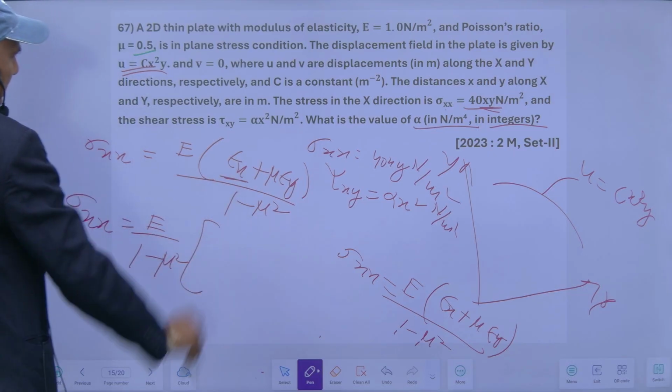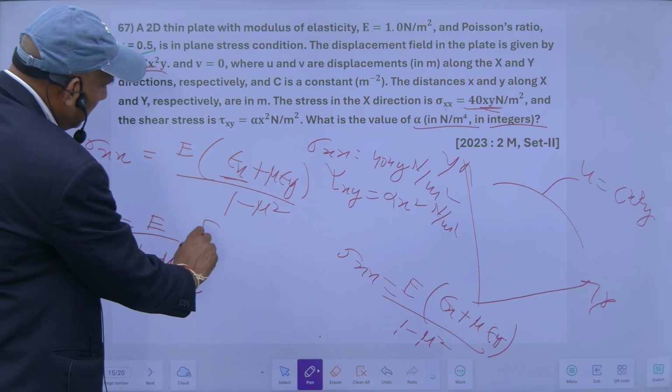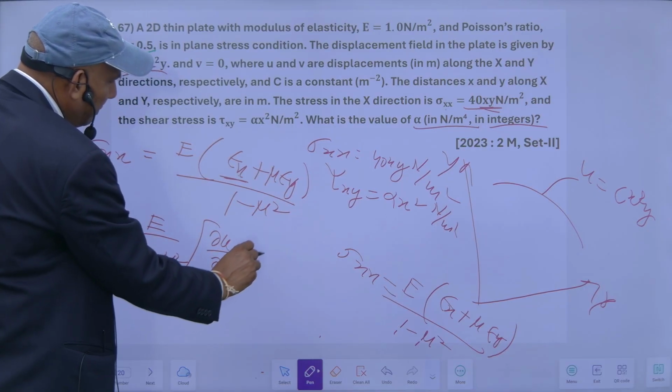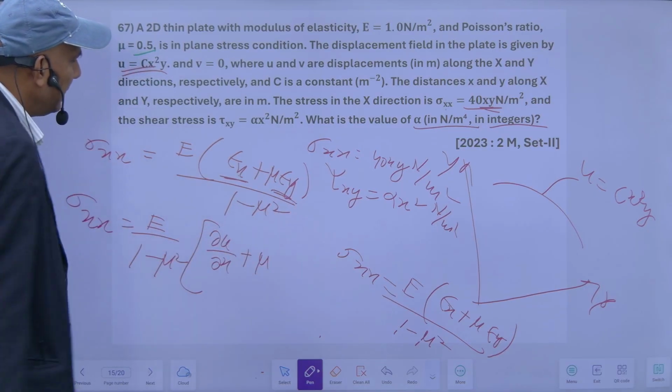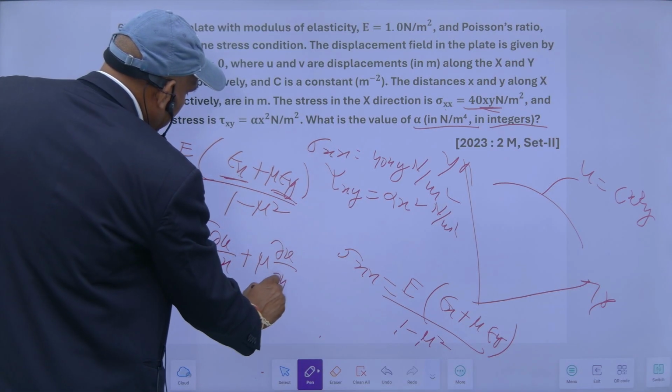The strain in the x direction will be partial u upon partial x, and epsilon y in the y direction will be partial v upon partial y.